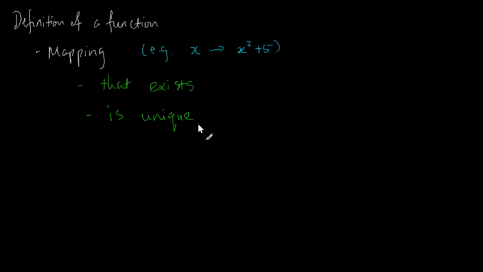And that it is unique means that we would only find one answer when we do the mapping. So that exists means that we must get an answer. And if it's unique, it means that I get only one answer.